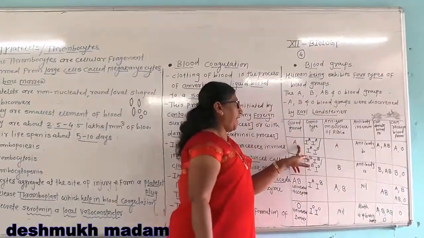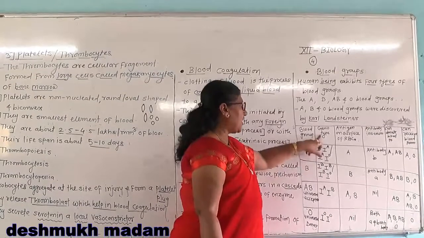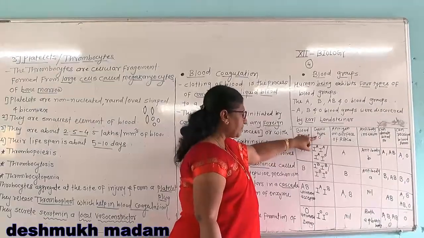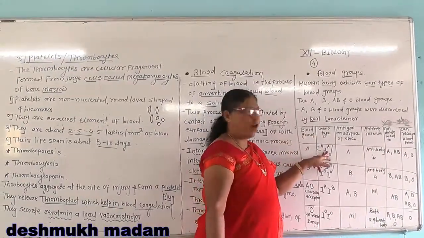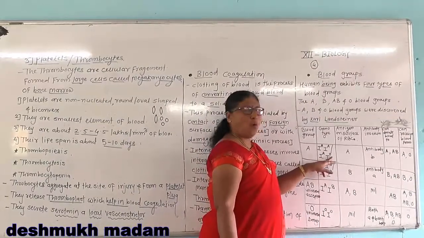First, blood group A. The genotype of blood group A is IA-IA or IA-IO.